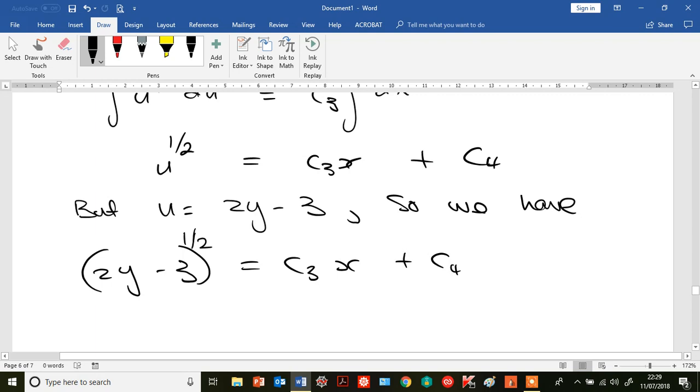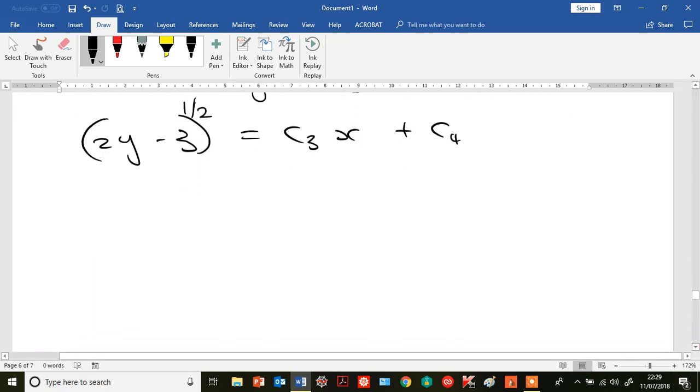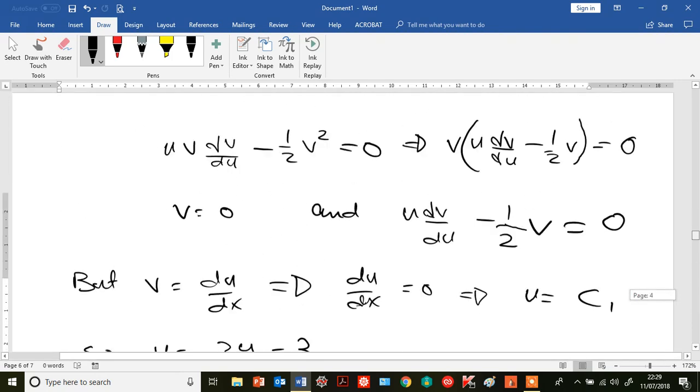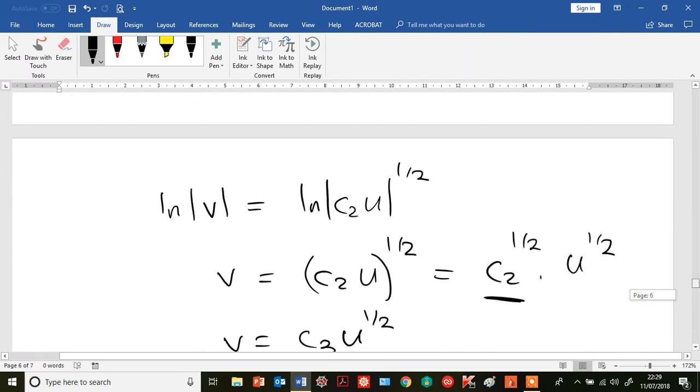Now, we don't have any initial conditions or anything like that. So what I'll just do is quickly simplify this equation and make y the subject of it. So we'll call this equation 3. I hope we haven't already got an equation 3. I'll just have a look up there.